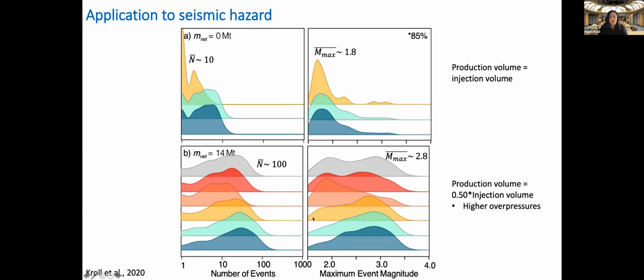We choose these metrics because they are the primary components in a seismic hazard analysis. In the top row, we're showing results from sets of simulations where we inject and produce equal parts CO2 and formation brine. And in the bottom row, we're showing results from simulations where we only extract about 50% of the injection volume. So in this case, obviously the overpressures on the fault surface are going to be much higher than they are in these cases.